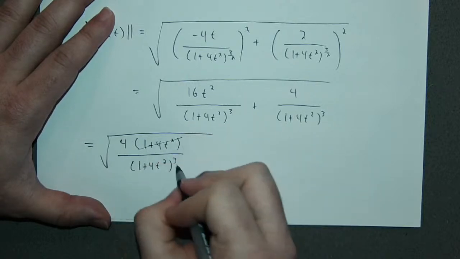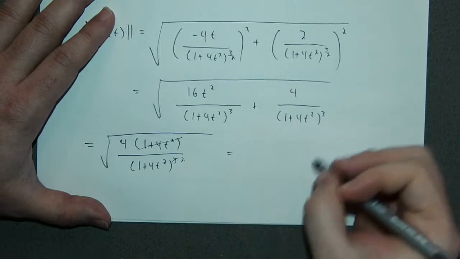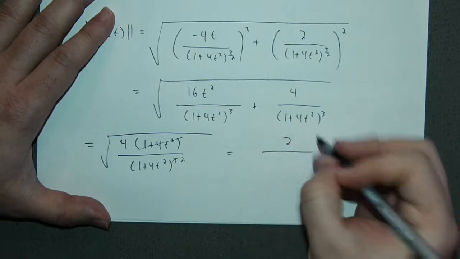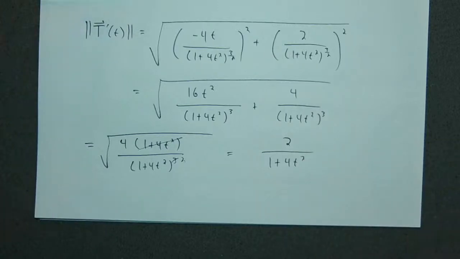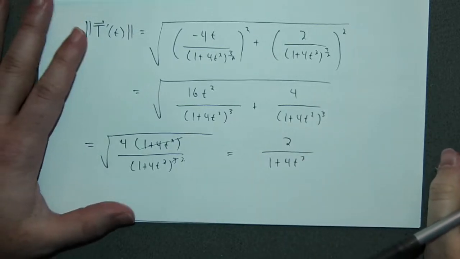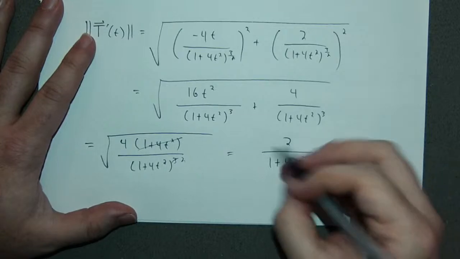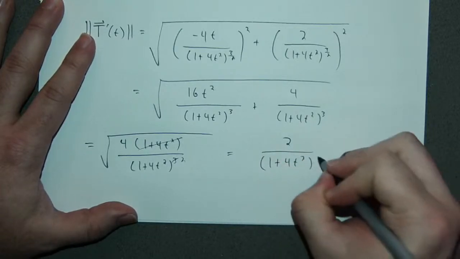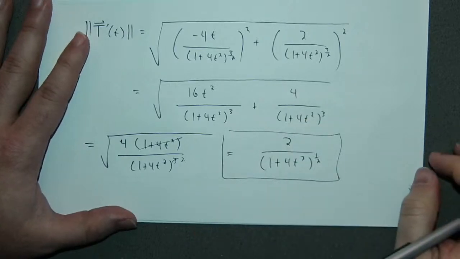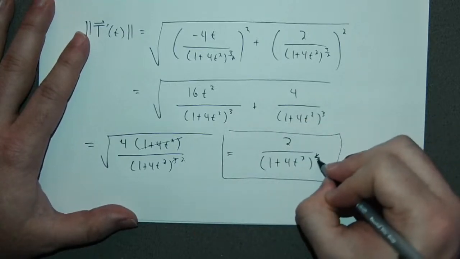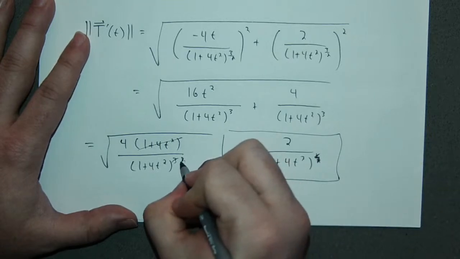One of these cancels, leaves me with 2. Oh, that has an easy square root. That's 2 over the square root of 1 plus 4t squared. So that's not too bad at all, right? Yeah. No, I had it right, because this is squared here. Yeah, sorry.